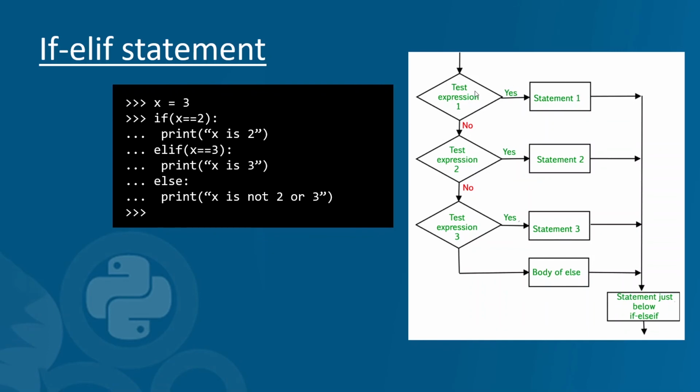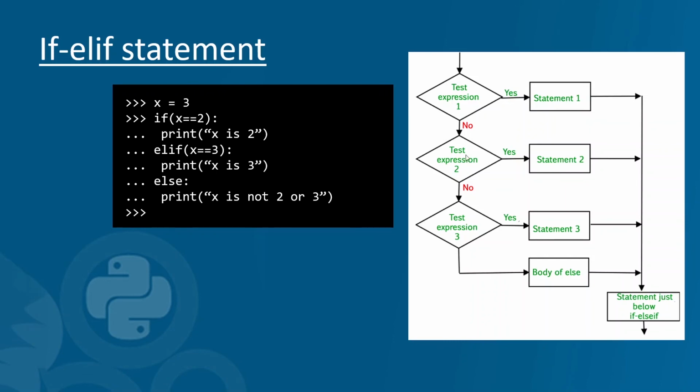If that is no, if the condition is false, then it will check the next condition. If that condition is correct, then it will execute a set of statements, and then it will go out of the block.